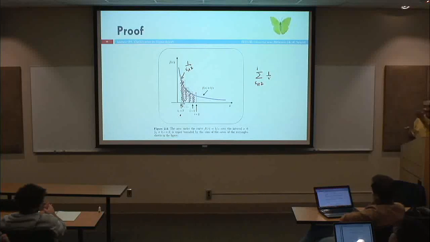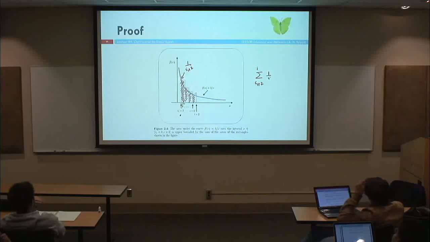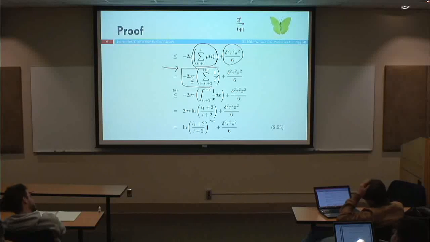Because the area under the integral is smaller than the sum. That's what I'm using to bound. So the area under the integral is smaller than that sum. So that's what I did here.